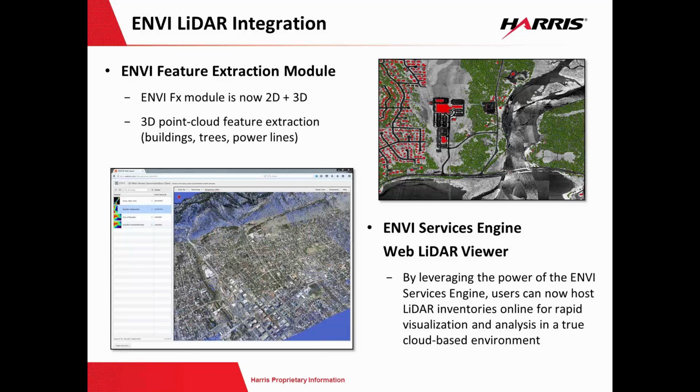The ENVI feature extraction module formerly was capable of doing object-based feature extraction from two-dimensional raster data. Well, now it's 3D, so in addition to doing the object-based feature extraction from raster imagery, we can now extract three-dimensional features like buildings, trees, and power lines from our point cloud data.